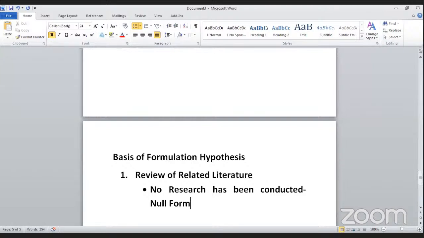So whenever you have related literature, and when you are reviewing it and you find no research has been conducted, then you have to formulate the hypothesis in the null form. You cannot formulate the hypothesis in any other form. Now, if you find that researches have been conducted, then again you have two options. One option is that a few researches have been conducted.